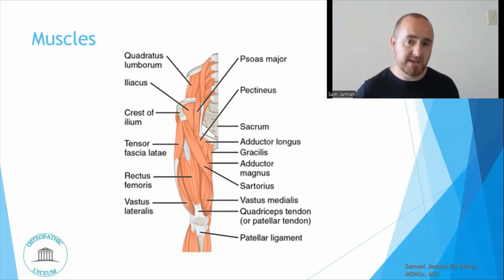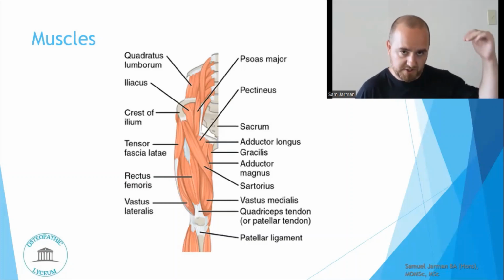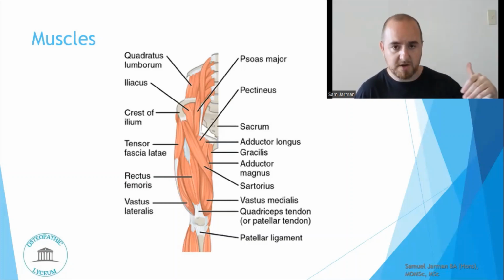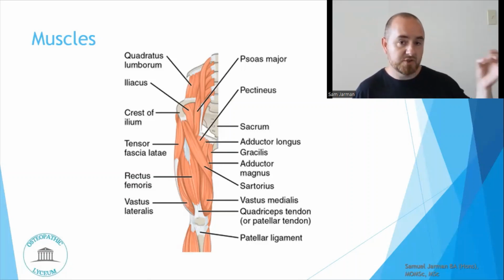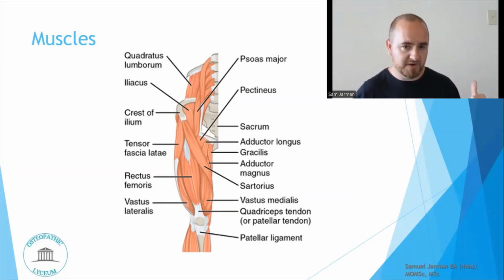But we have to add in some muscles that are hip flexors, or at least assistive. Going through the list from top to bottom: the psoas major, the iliacus, sartorius, gracilis, pectineus, and the tensor fasciae latae, or the TFL. Although its primary function is to put tension on the iliotibial tract or band, it does assist with hip flexion.